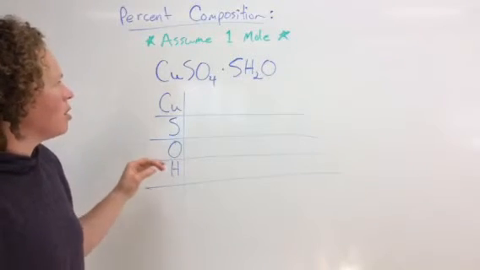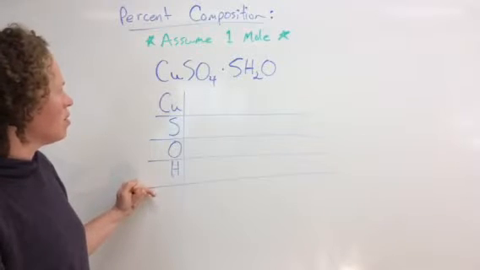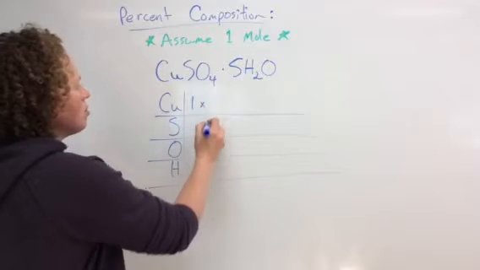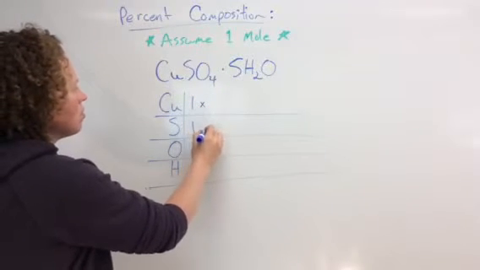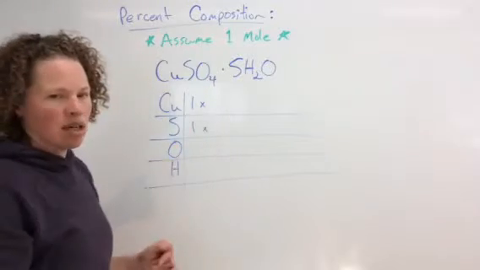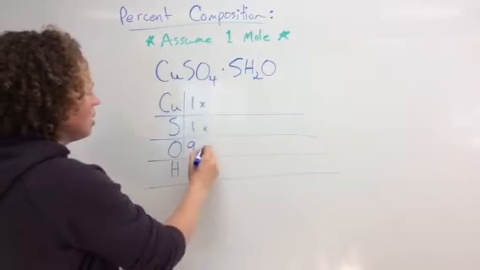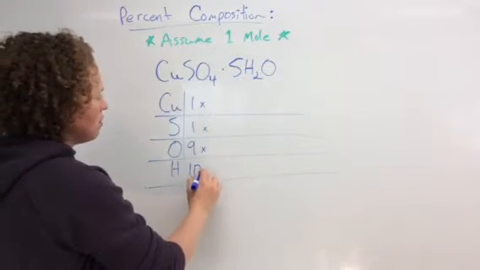But what we care about here is how many of each of them there are to start with. So we can just go copper, there's 1, so I'm just going to write the number. Sulfur, there's just 1. Oxygen, we have to be careful here because there's 5 oxygens here and 4 here, so there would be 9 oxygens. And then 5 H2s means that I have 10 H's.